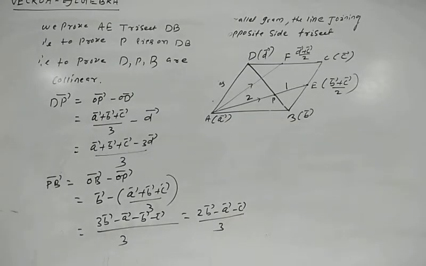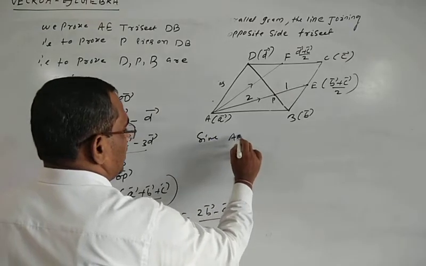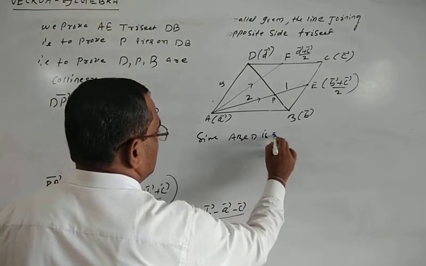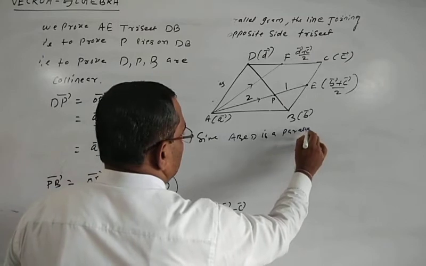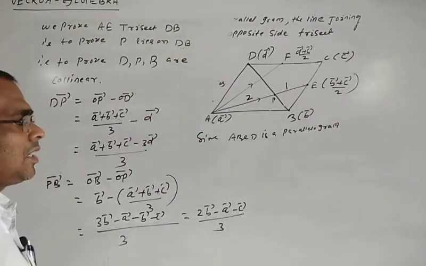Okay. Since ABCD is a parallelogram, opposite sides are parallel.